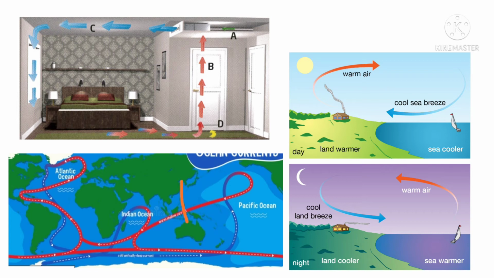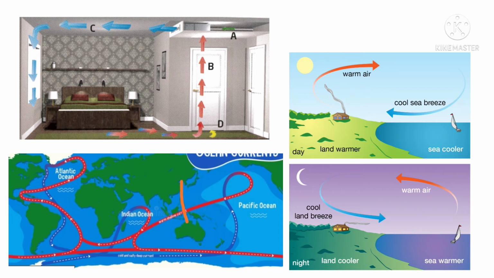To make up for this, fresh air from outside enters the room through the doors and windows. The convection current so set in the air helps us keep the air in the room fresh.